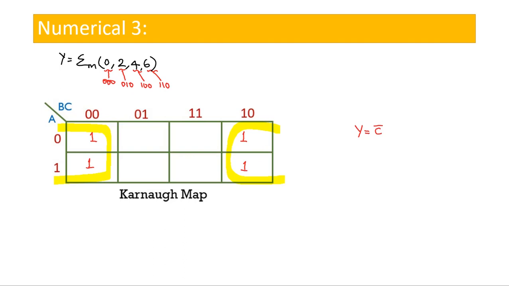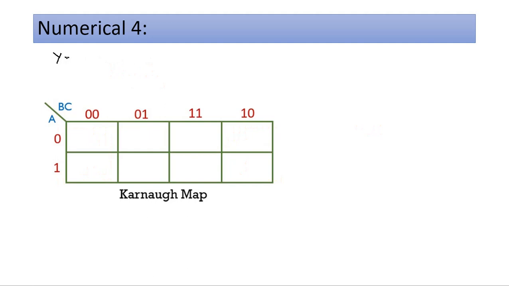Coming to the next numerical, y is equal to summation m 1, 3, 2, 6 and 7. Now let us map this.